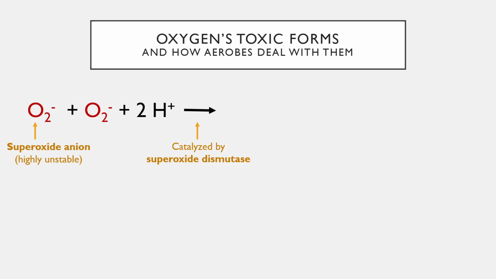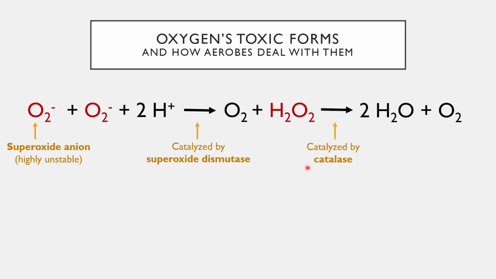The result of this chemical reaction is the production of a harmless, stable form of oxygen, as well as hydrogen peroxide. The trouble with that, however, is that hydrogen peroxide is also toxic, and so a further step is needed. Hydrogen peroxide is catalyzed by an enzyme called catalase, which transforms the hydrogen peroxide into harmless molecules of water and more harmless stable oxygen.